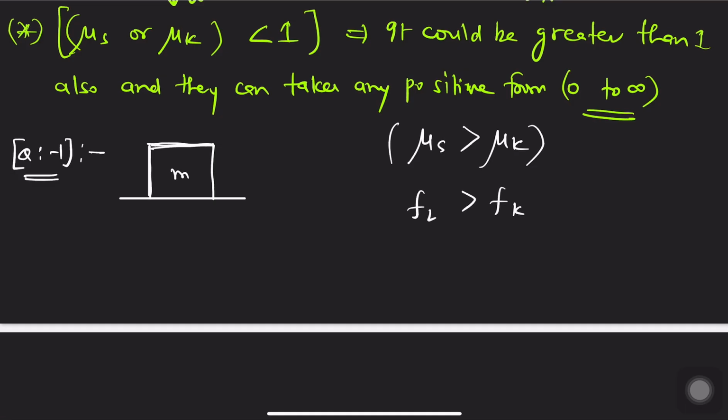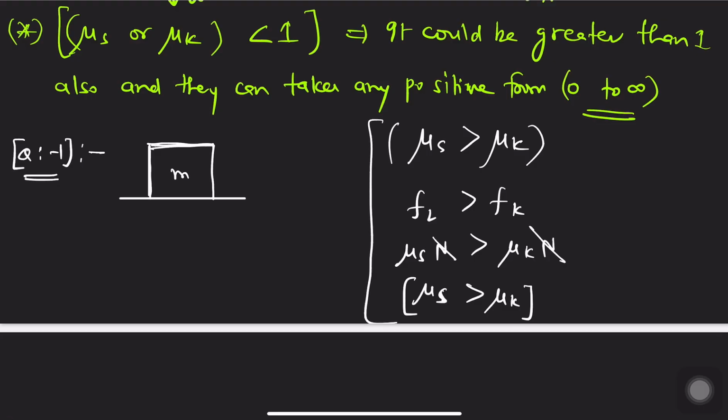F limiting is mu s into N, which is greater than mu k into N, and N cancels, so we can say mu s is always greater than mu k. You have to keep this in mind. This is very, very important.